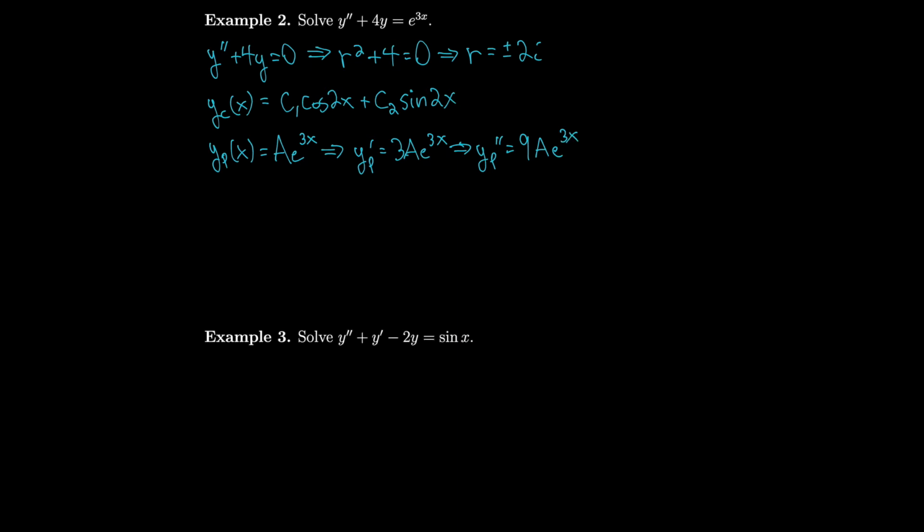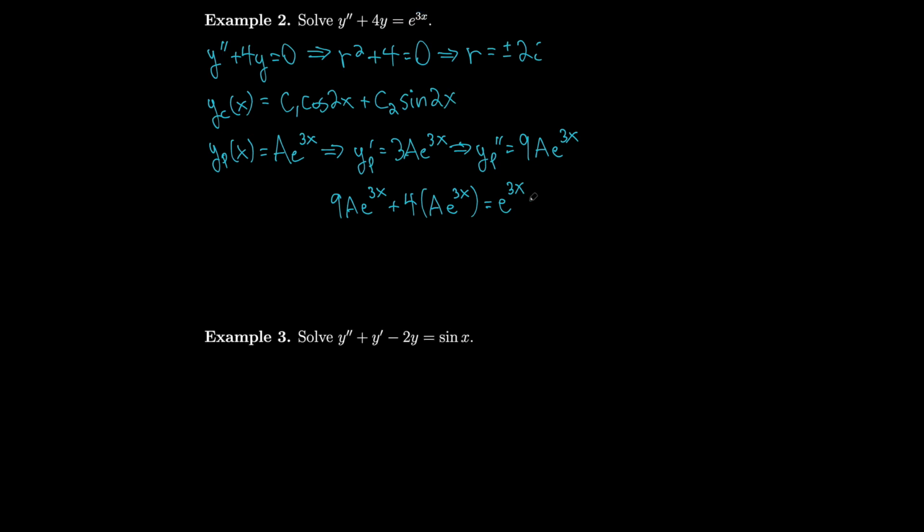So if we want to plug all this back into our original differential equation, we get y double prime as 9a e to the 3x plus 4 times y, so that's 4 times a e to the 3x, which is equal to e to the 3x, because that's the whole point of what we're solving for.